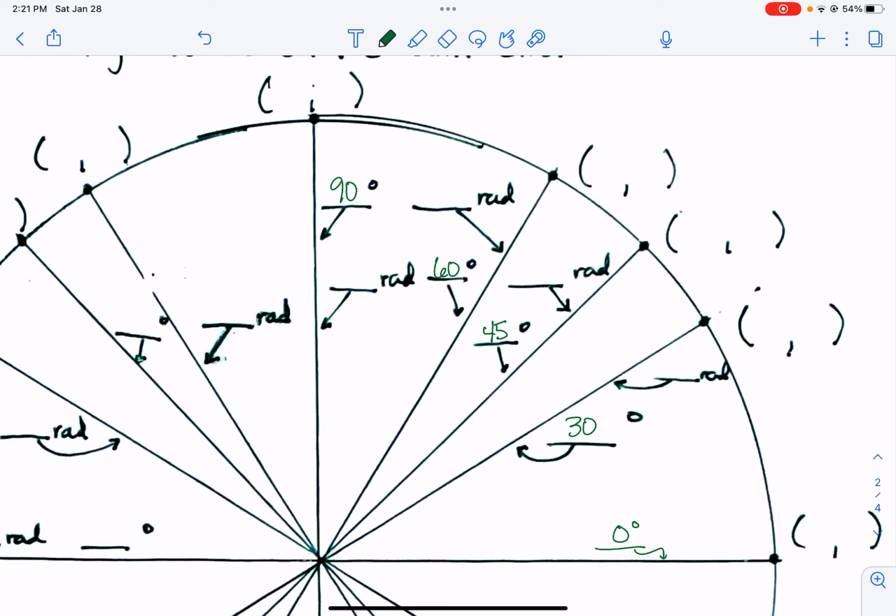Now let's do the radians. Remember, pi over 6 is with the 30. We've got pi over 4 with 45, pi over 3 with 60, and then pi over 2 with 90. And of course, 0 degrees is the same thing as 0 radians for that 0 degree line.